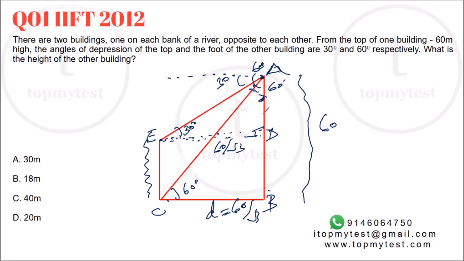So again using the special triangles, this will be 60 by root 3 divided by root 3, which is 60 by 3, or 20. So the length AD will be equal to 20 units, which means the length DB will be equal to 40. Now this is a rectangle, so the length EC will also be equal to 40. Option C, job done.